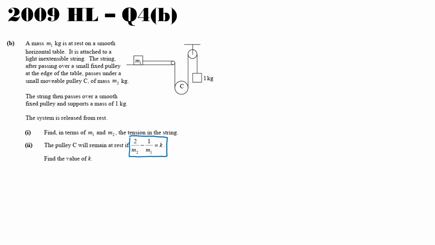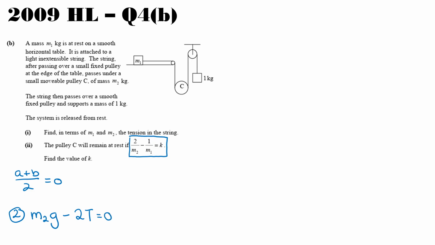So if pulley C remains at rest, that means that A plus B over 2 equals 0. What that means for equation 2 is we're going to have mass m2 times its acceleration, which is 0. So that's simply going to leave us with an m2g minus 2t, and that's simply going to equal 0.